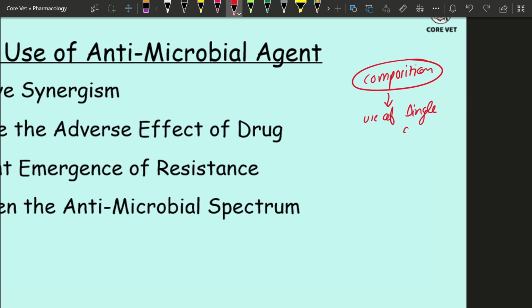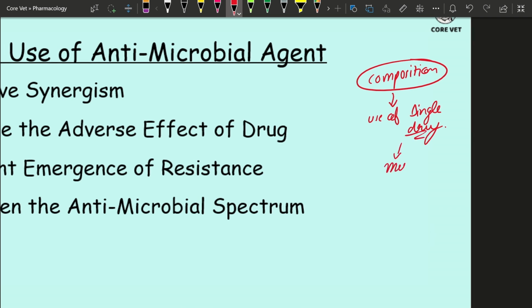We do not use a single drug to treat a patient. In most cases we use multiple drugs. There is a combination of drugs when you formulate a drug.